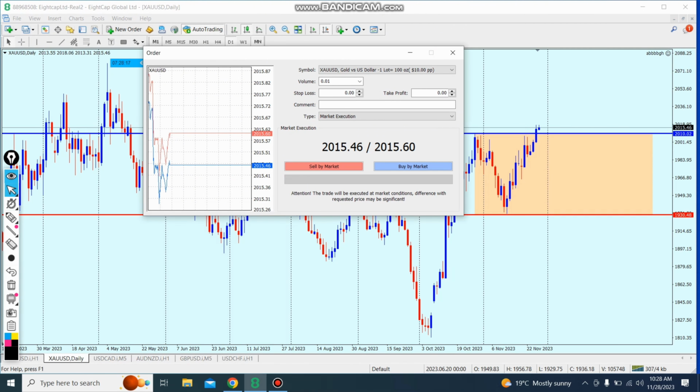So let's repeat it. This is your position size, we will talk about it in detail shortly. This is your stop loss order price.